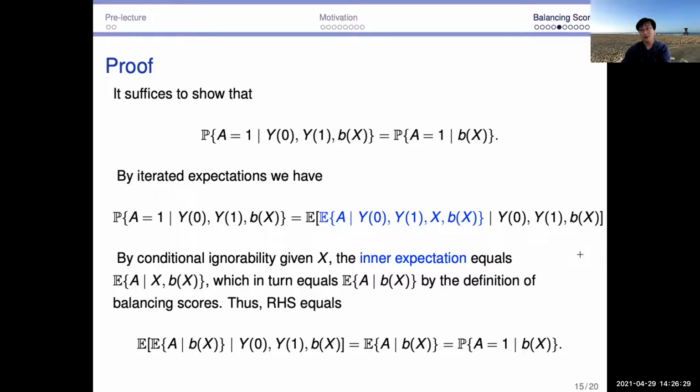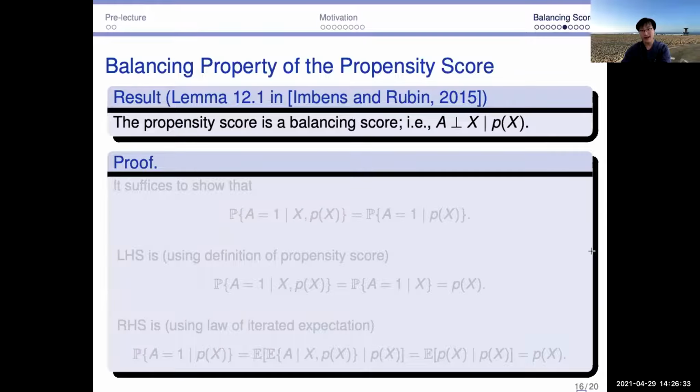So this is a property of a balancing score. Then a second result is that the propensity score is a balancing score. Which means it is effectively telling us that we only need to look at the strata of the propensity score, and then we will have conditional ignorability, or ignorability in that strata.